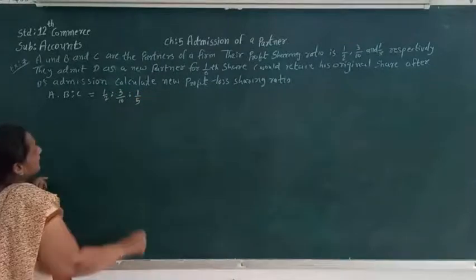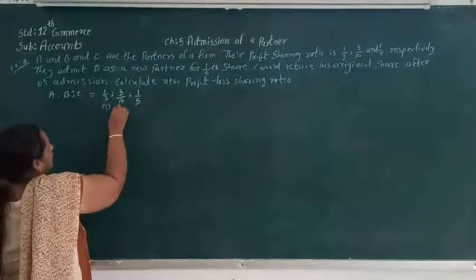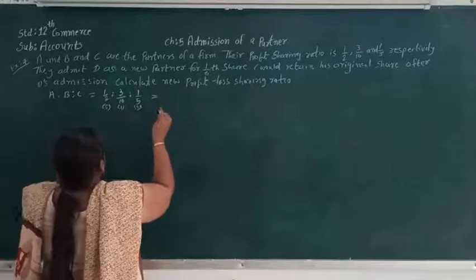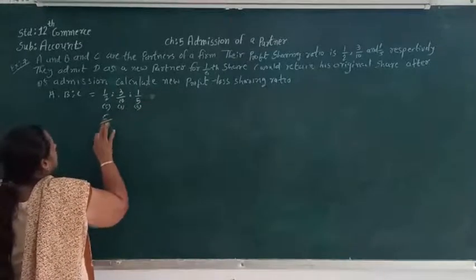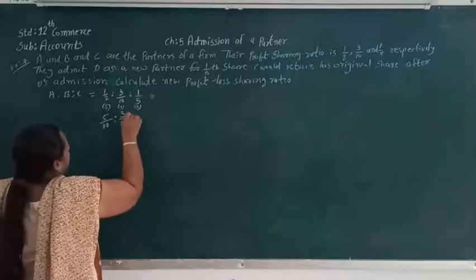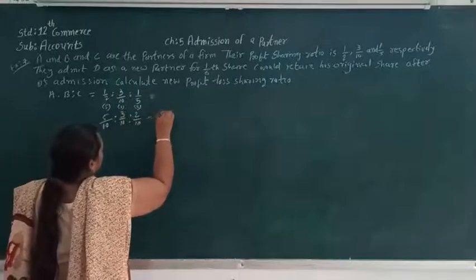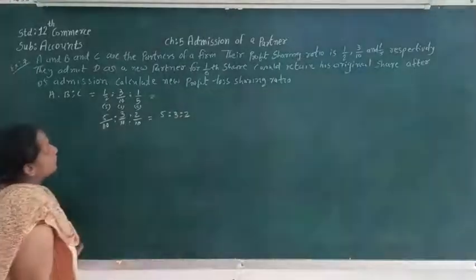So here to make the denominator same, we are going to take 10 in all, so 5 upon 10 is to 3 upon 10 is to 2 upon 10. So old profit sharing ratio is 5 is to 3 is to 2.